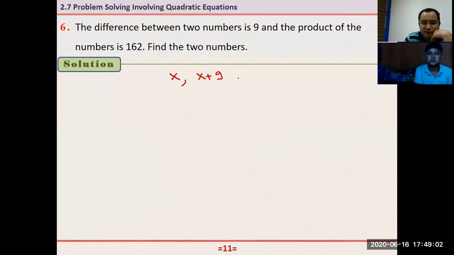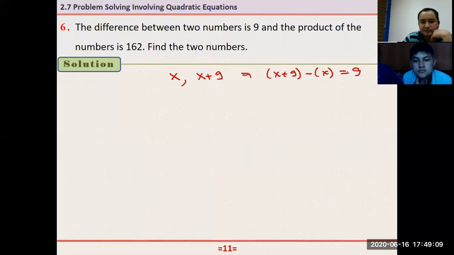Because what is the difference? As you see here, x plus 9 minus x is equal to 9. It says the difference between two numbers. In another way, we can solve this like the first number is x, the second number is y, which is also fine. But this method is much better because we are talking about a quadratic equation. So if the first number is x, the second number must be x plus 9.